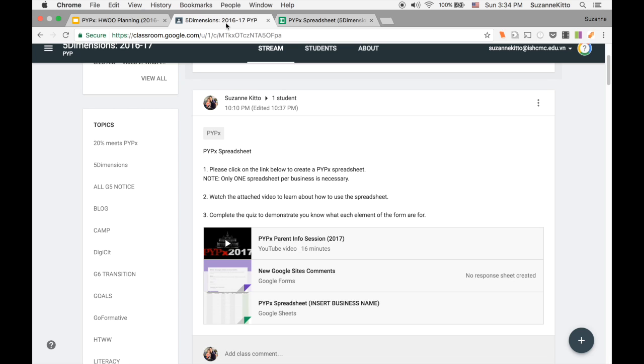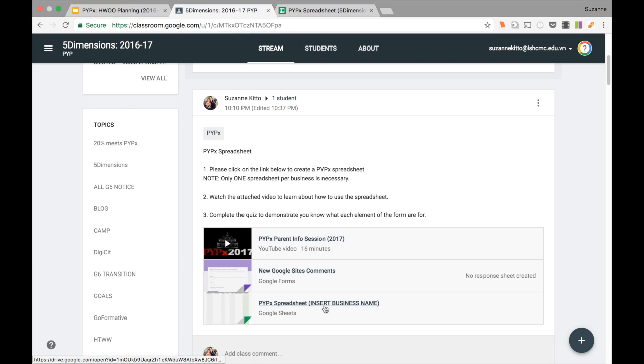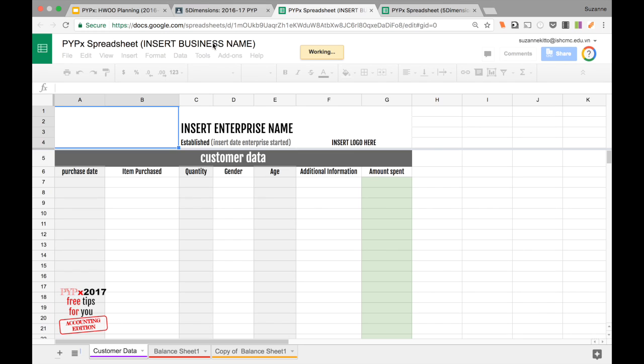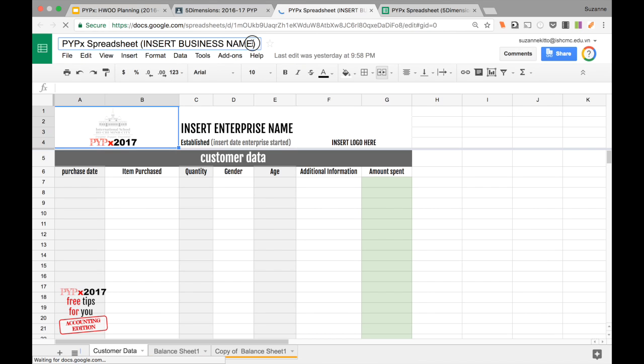First thing you'll need to do is head over to Google Classroom and create your own spreadsheet. Remember, you only need one spreadsheet per group, and then that will need to be shared with all the group members.